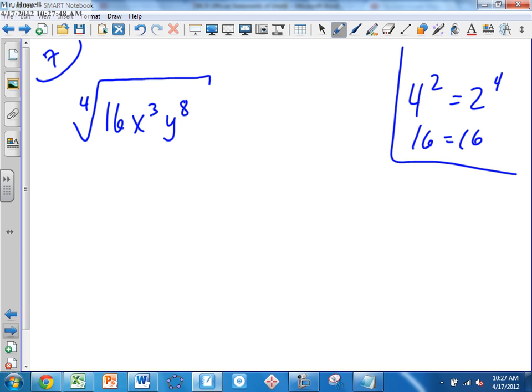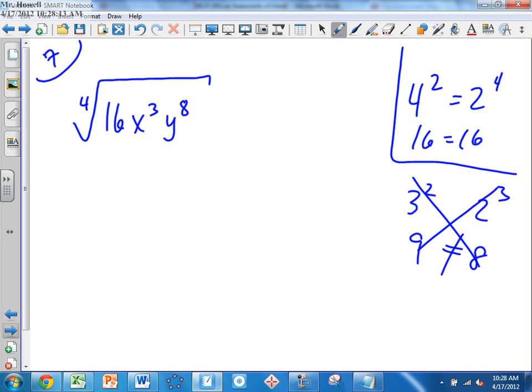Just one of those examples. Because if you try 3 squared and then you try 2 to the 3rd, what's 3 squared? 9. What's 2 to the 3rd, though? Are those equal? So it doesn't always work. I don't want you to think that that's always going to work. But it's one of those examples that you happen to get the same number.